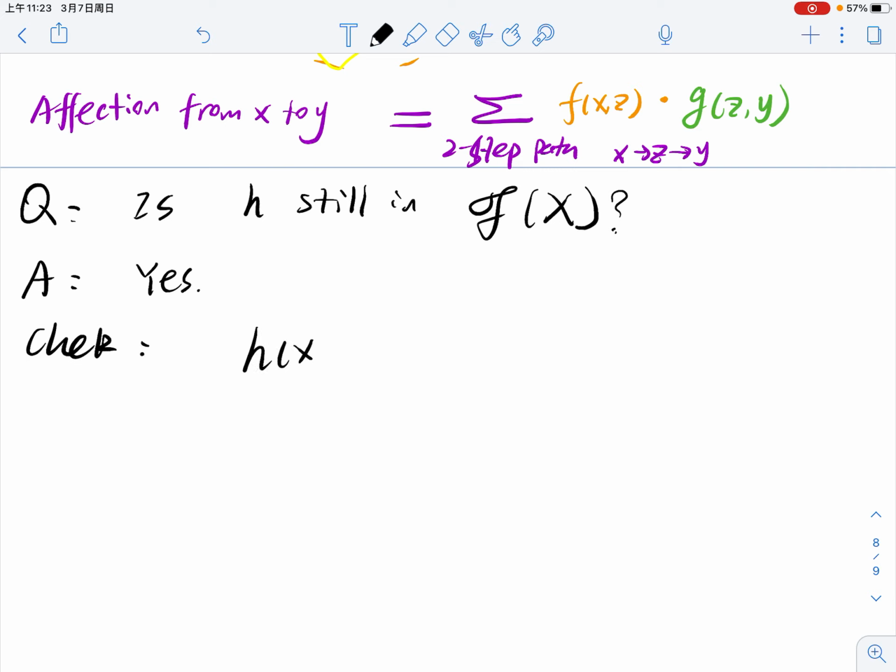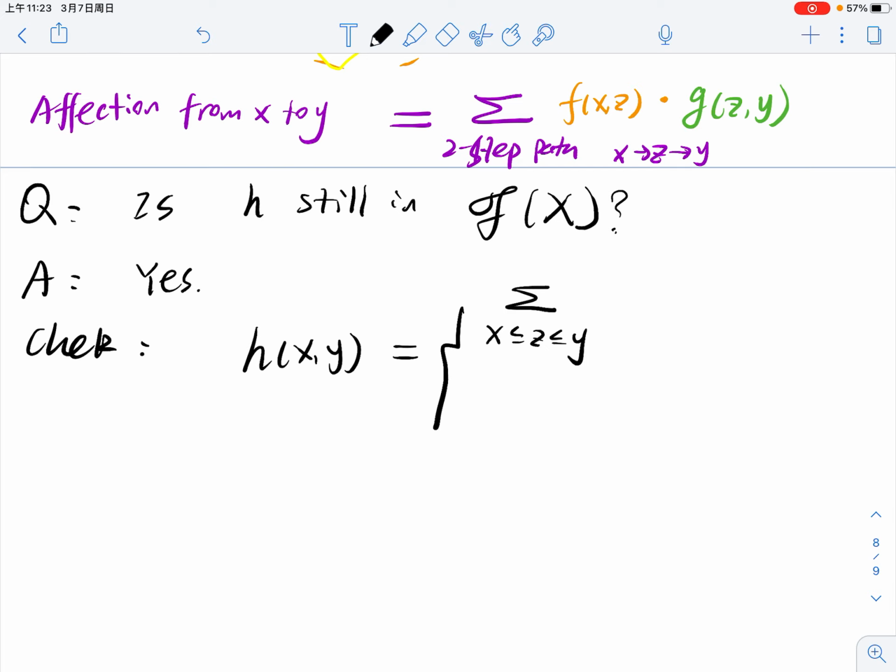Actually, you can just confirm that the above definition can be simplified as follows.